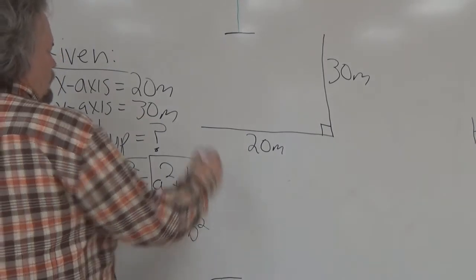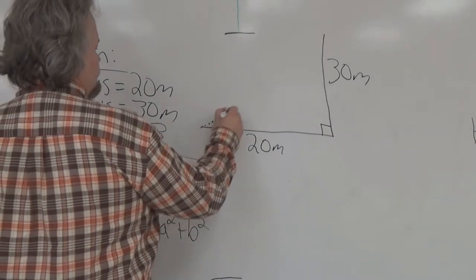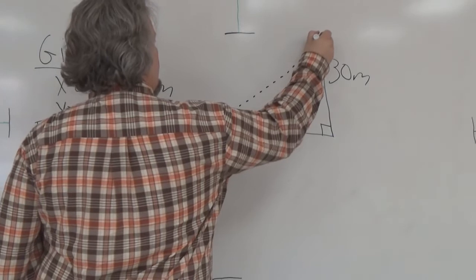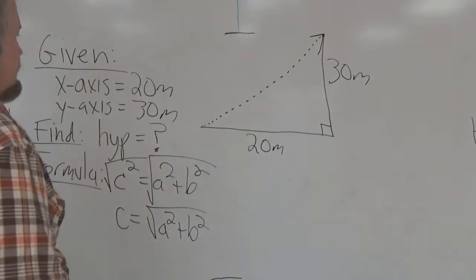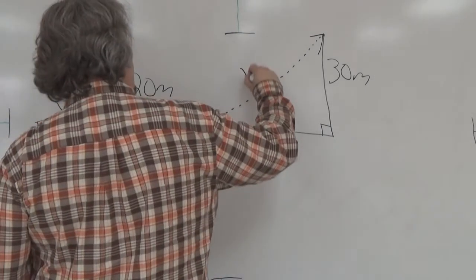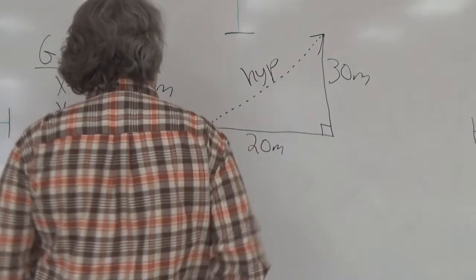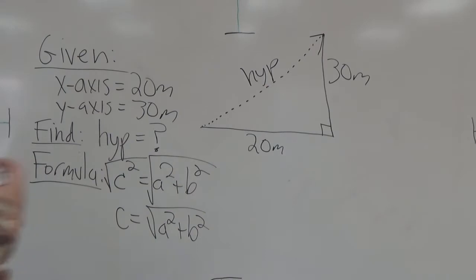Now, what we want to find is this hypotenuse right here, from where we began to where we ended. So let's label that right now. We want to find hypotenuse. Now, understanding how the triangle is set up is important, especially when you want to find the degrees.